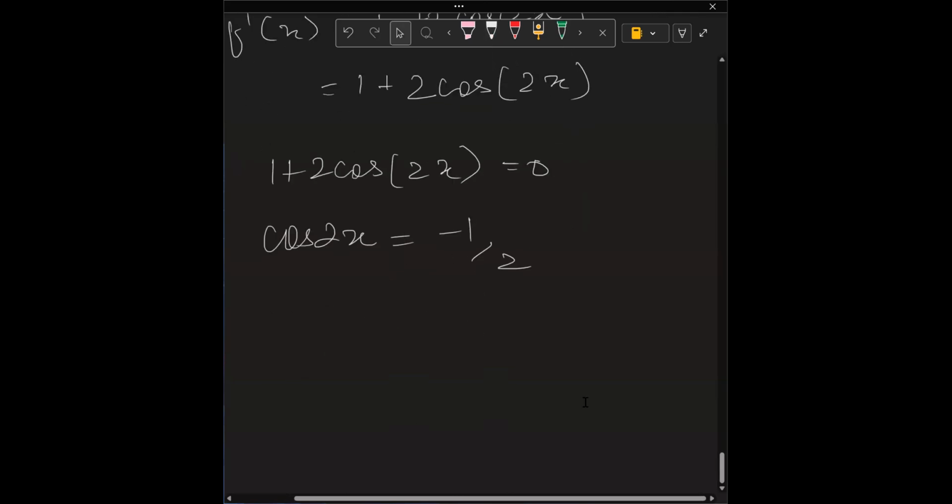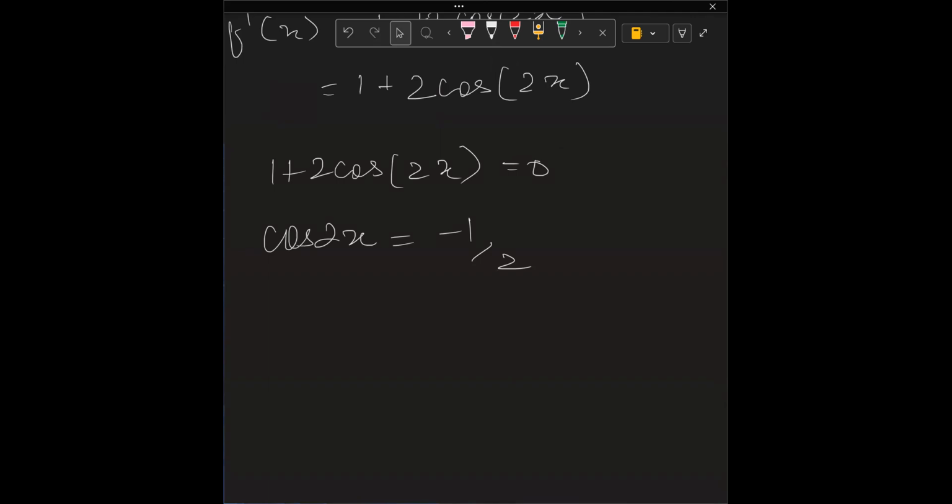And I hope you remember the formula that if cos X is equal to cos Y, then X is equal to 2 n pi plus minus Y, something like this. You know? Okay.